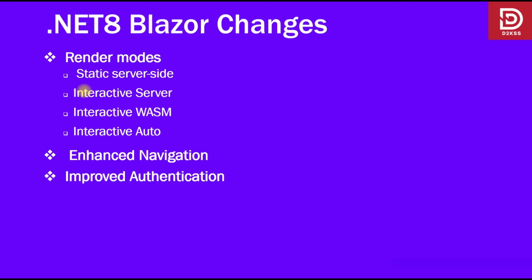Until then, if there is no response, the user feels that the page is taking a long time to load. That is the reason when you use interactive server, the response is loaded immediately, and when the actual response is received, it is updated.